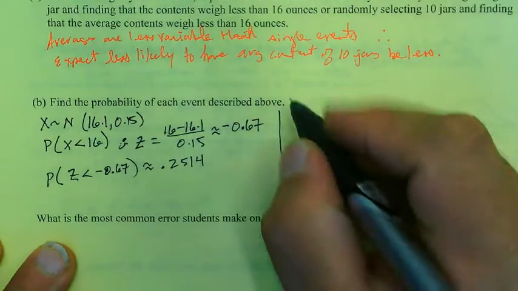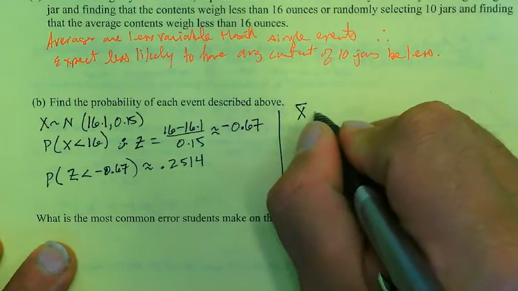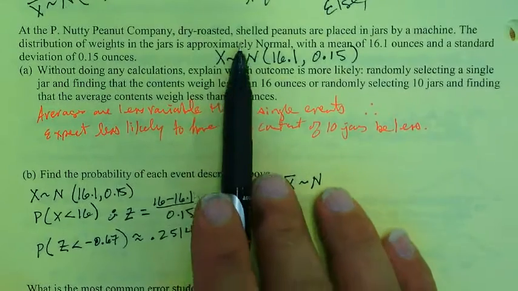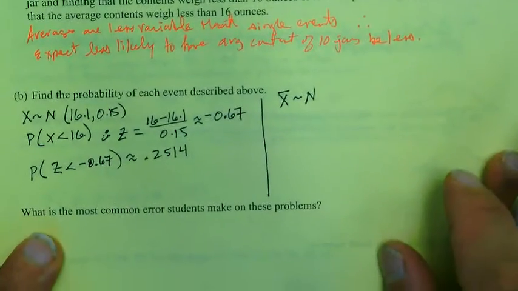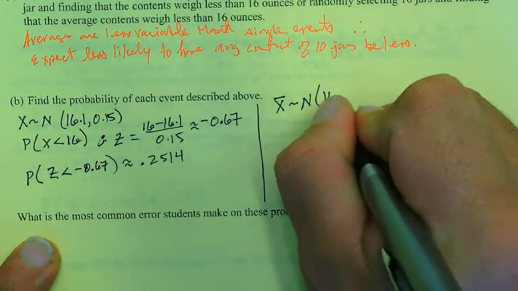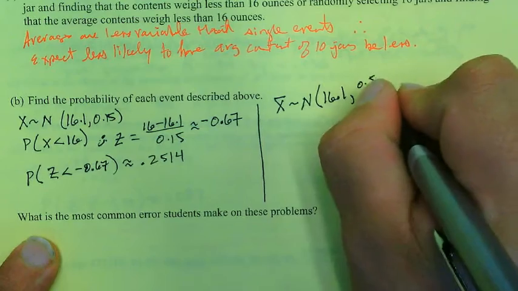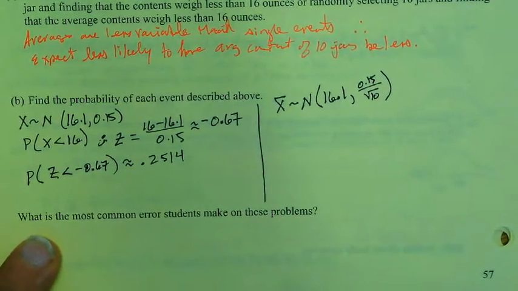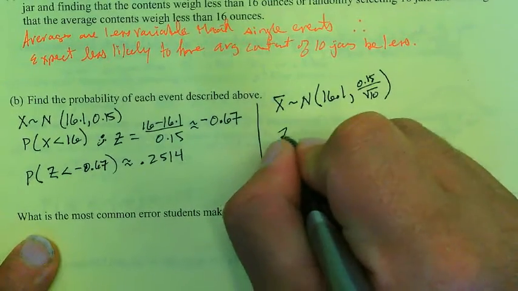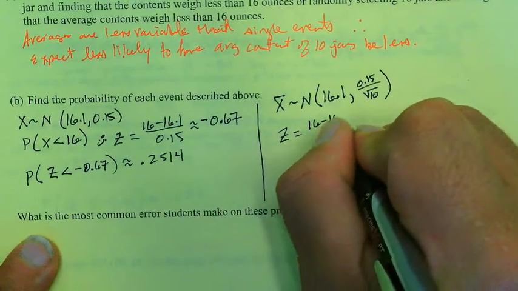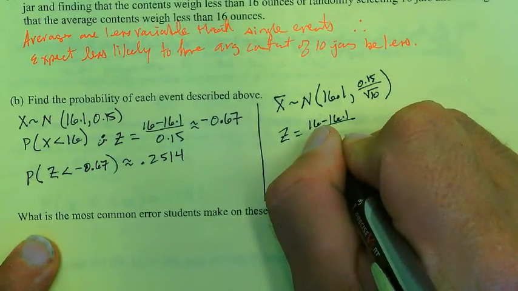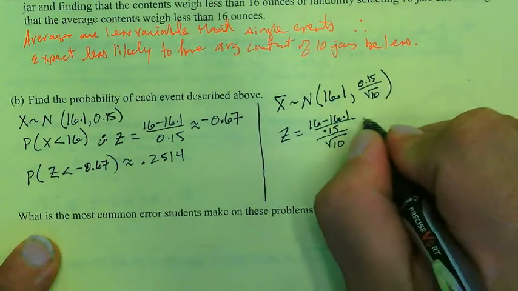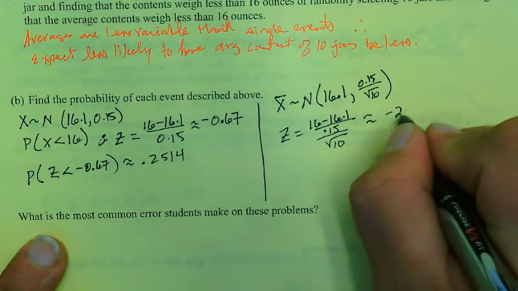Right? But X bar, with 10 jars, is going to be approximately normal because I come from a normal distribution. So X bar is approximately normal with mean 16.1 and standard deviation 0.15 over root 10. Okay. The z-score here will be 16 minus 16.1 divided by 0.15 over square root of 10, which is approximately negative 2.11.